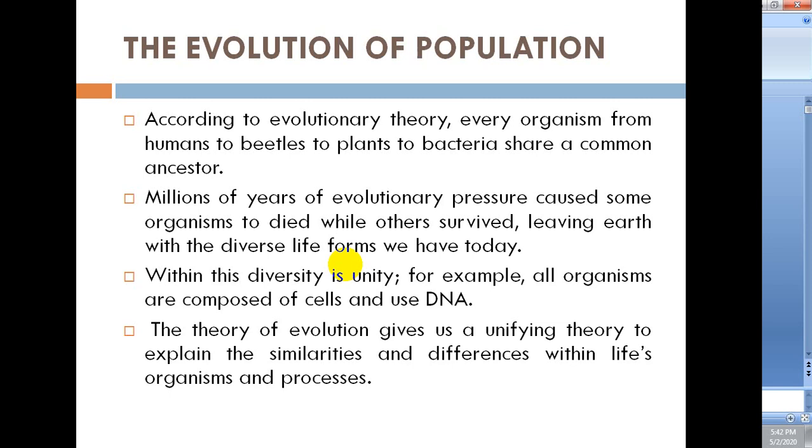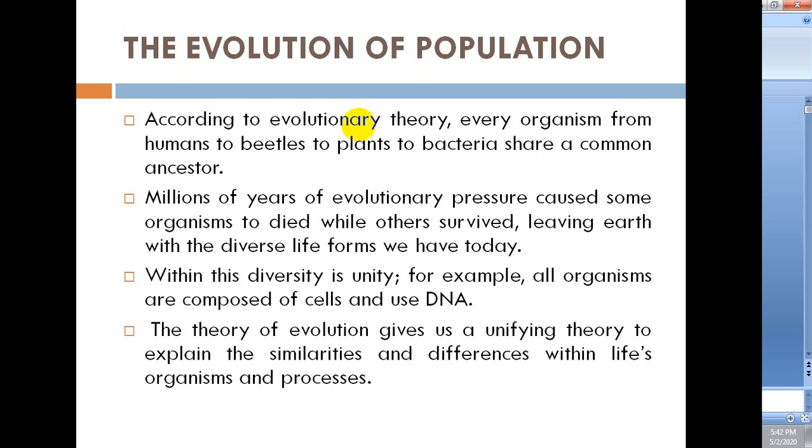So according to the theory of evolution, every organism, from human beings to beetles to plants to bacteria, shares a common ancestor, and millions of years of evolutionary pressure caused some organisms to die while others survived, leaving Earth with the diverse life forms we have today.